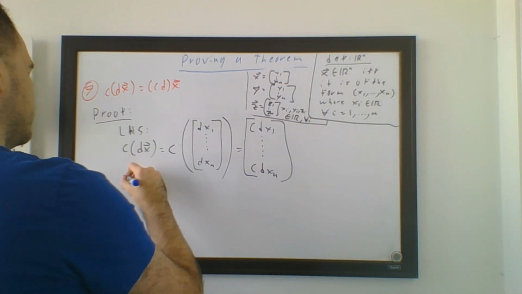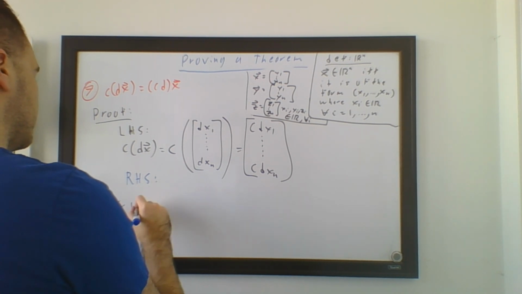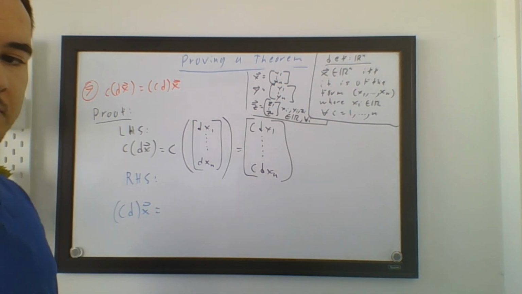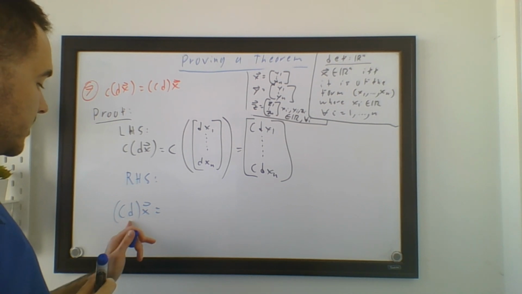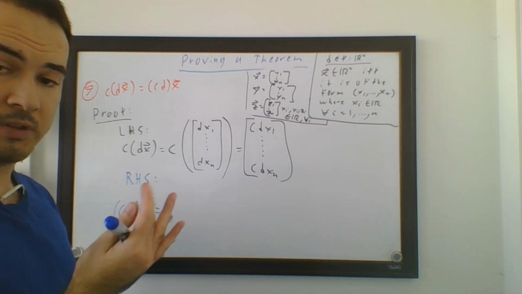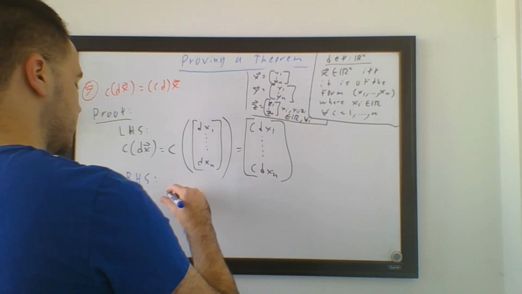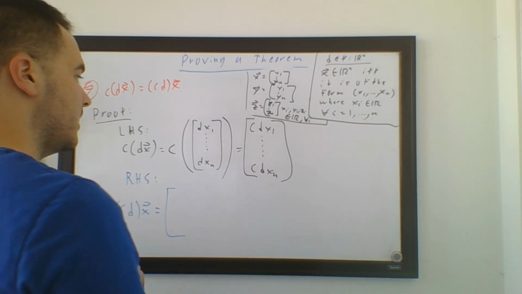Okay, now we can do the next side. So now taking c and d and then multiplying it by x. Technically, c and d are both real numbers, so we can just, in one step, multiply both of these numbers into x.